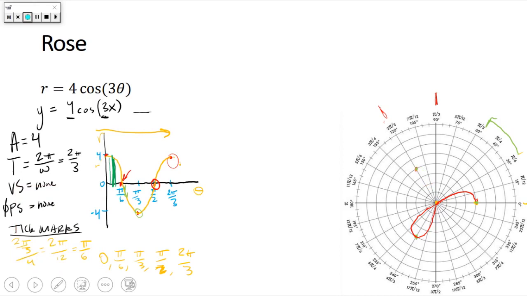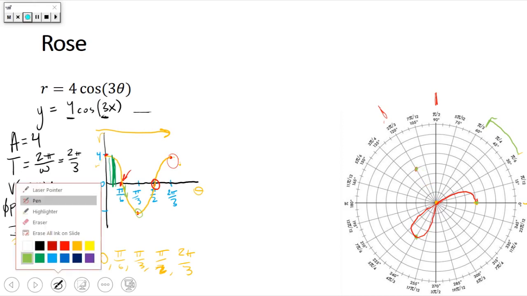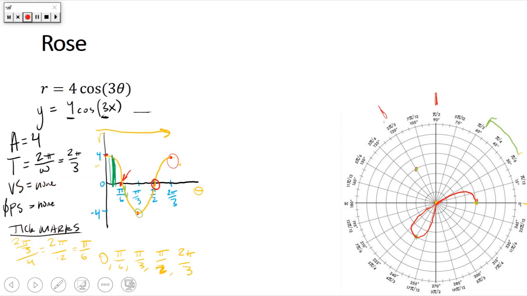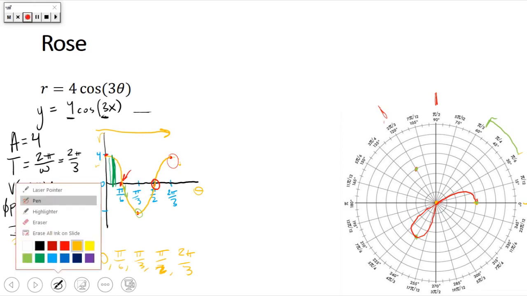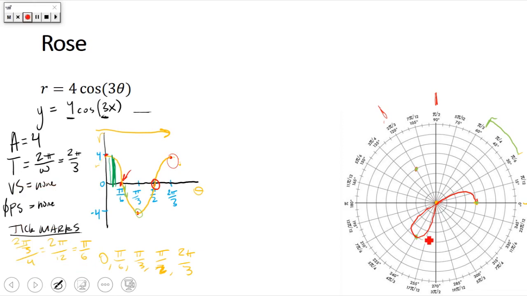Okay, and as we were drawing this, we were going this way. And we're going to continue drawing that way. We'd be coming right up, getting to there, and then we're going to go the same way and come back.